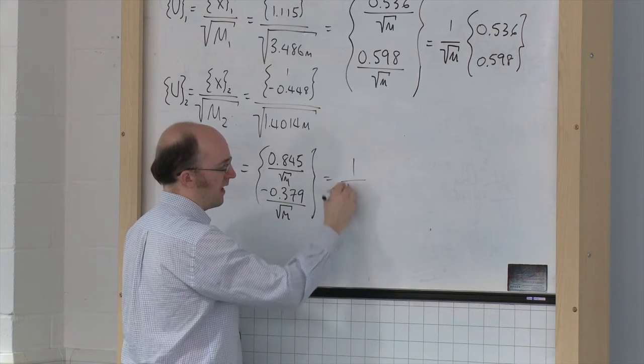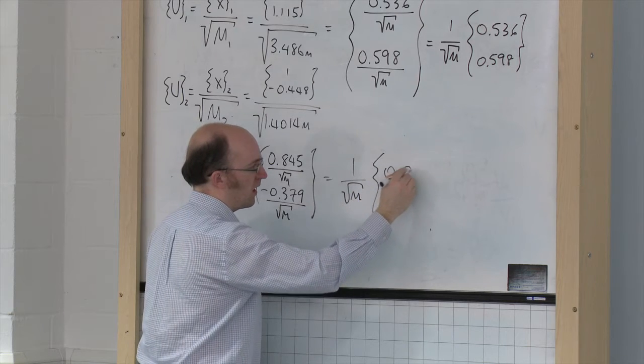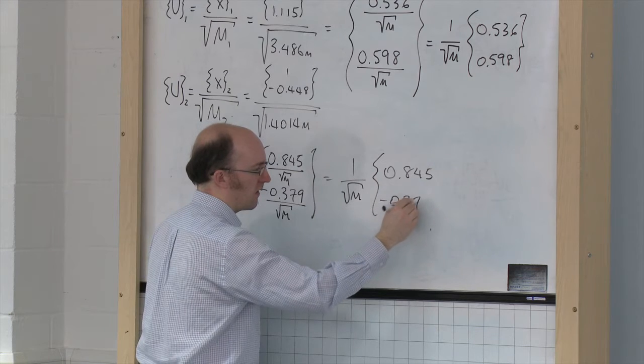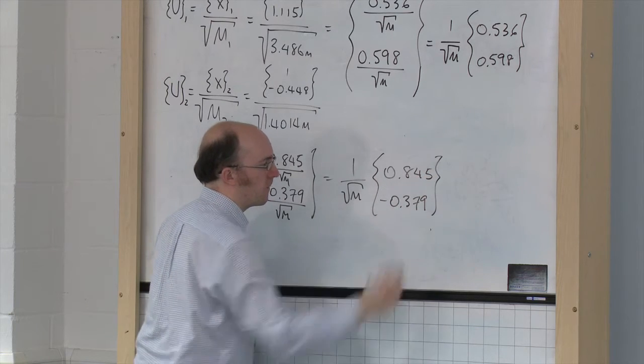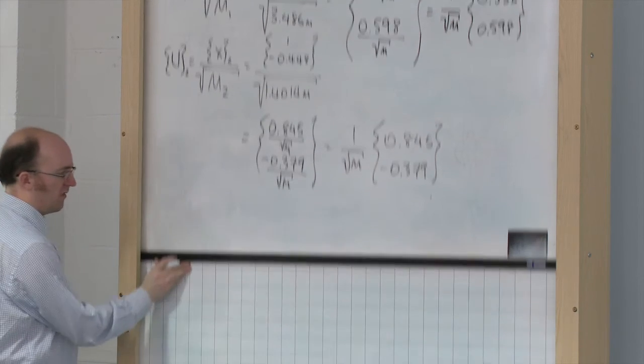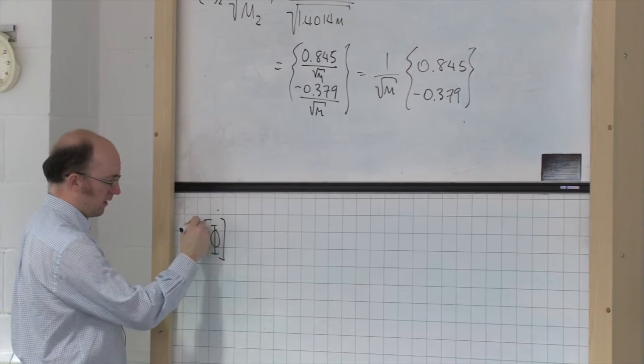So that's 1 over root m, 0.845, minus 0.379. There's our U1 and U2. Well, phi, basically, which is what we were trying to find.